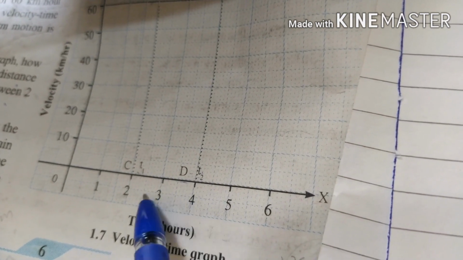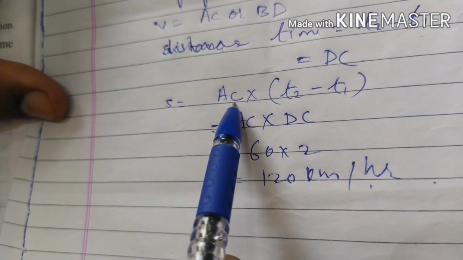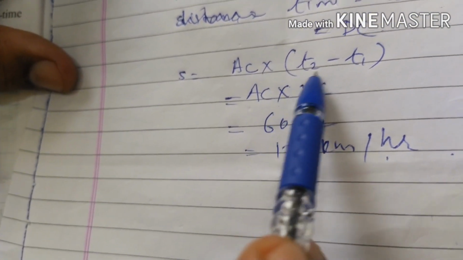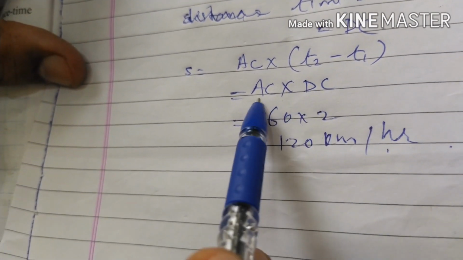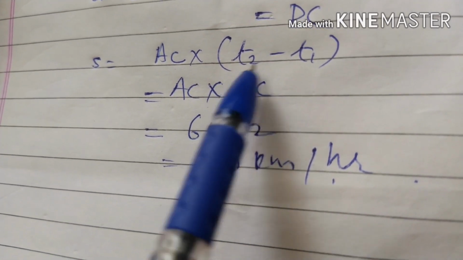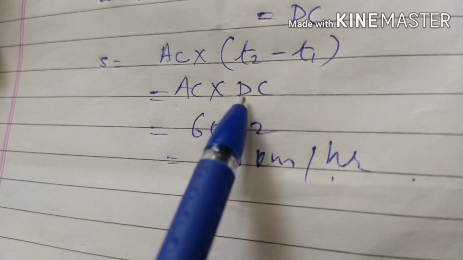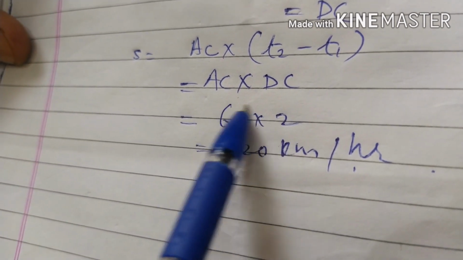So S is equal to AC, that is V into T, which is T2 minus T1, and with the help of the graph that is DC.